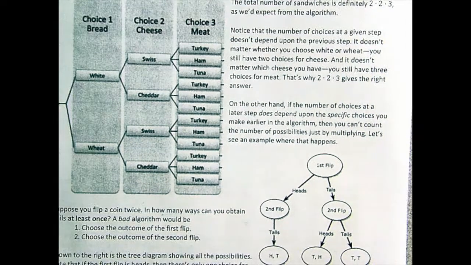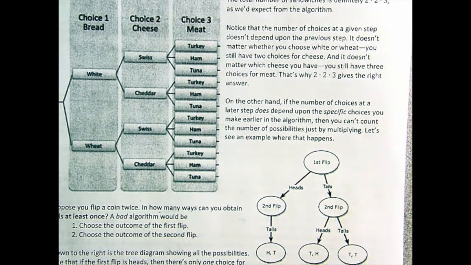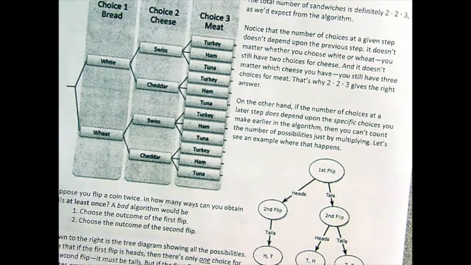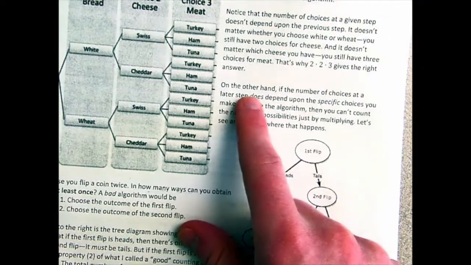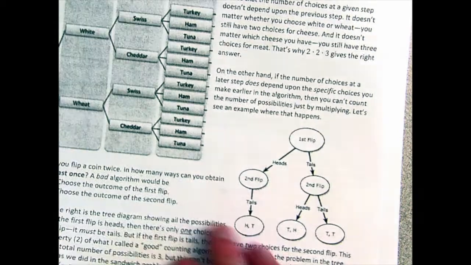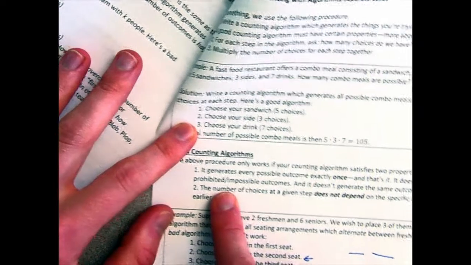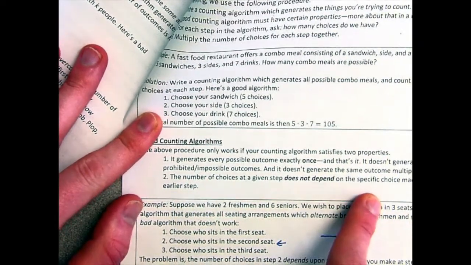Now, hopefully, with this in mind, you can see why your algorithm needs to be what I call the good algorithm. In other words, now you see why your algorithm must have property 2: the number of choices at a given step does not depend upon the specific choice made at an earlier step.